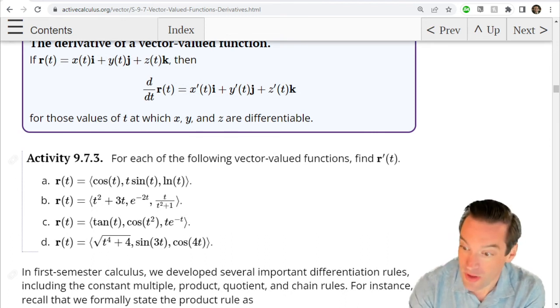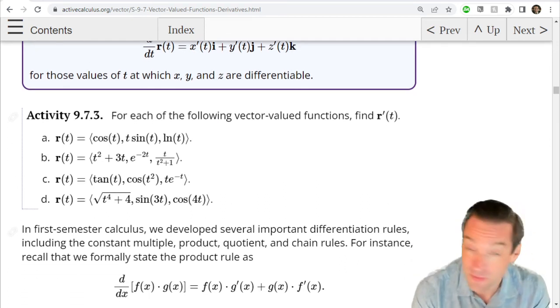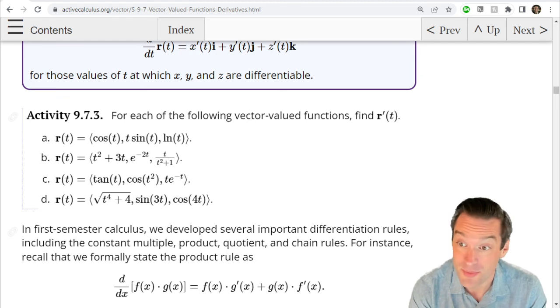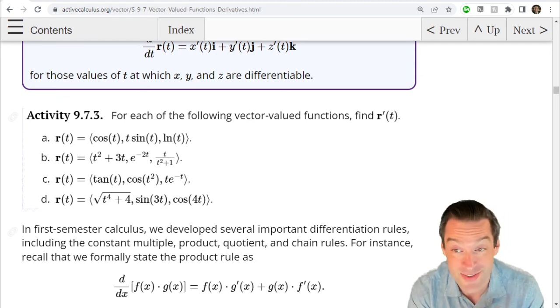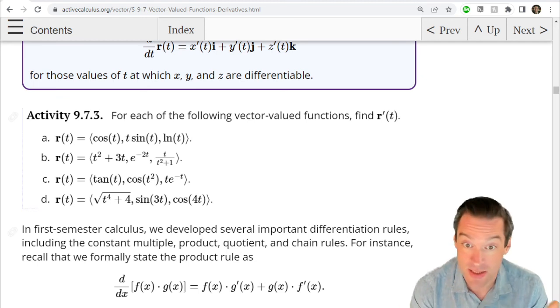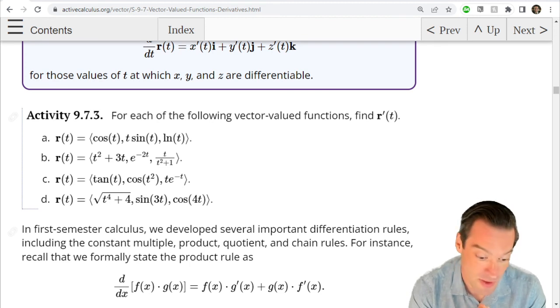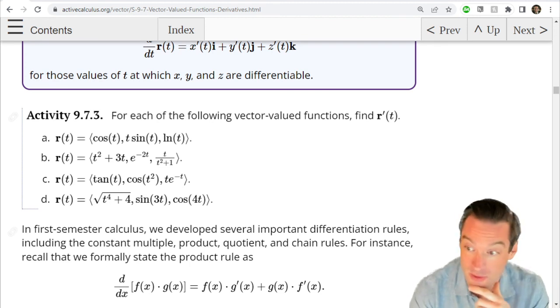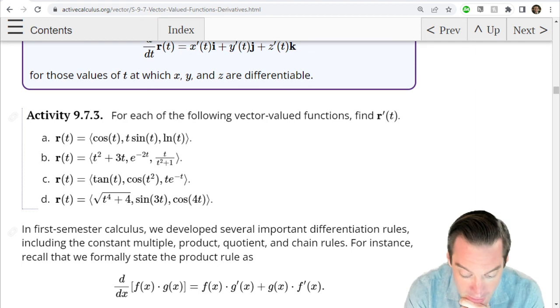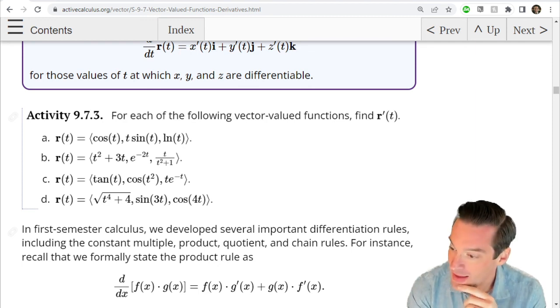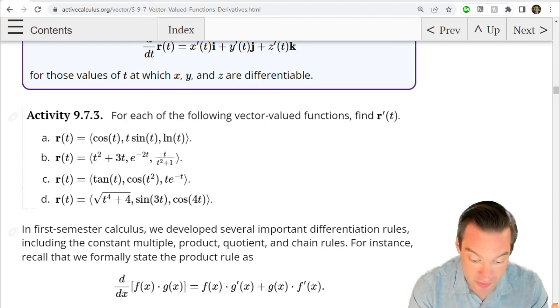So if and when you want a good review of derivatives from calculus, you can work through activity number 3 in this section, which invites you to take derivatives of these vector valued functions, which is just taking the derivative one component at a time. So that's where our study of derivatives begins.